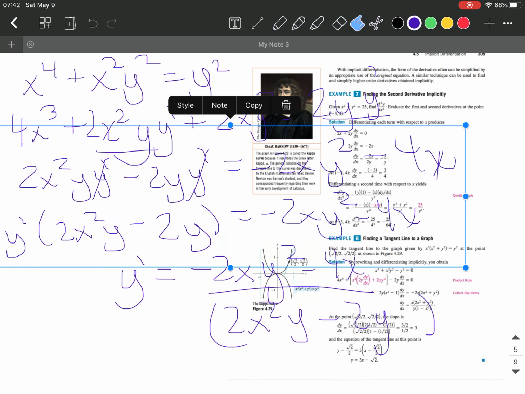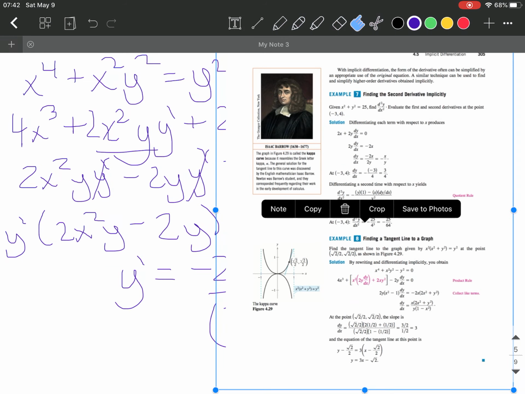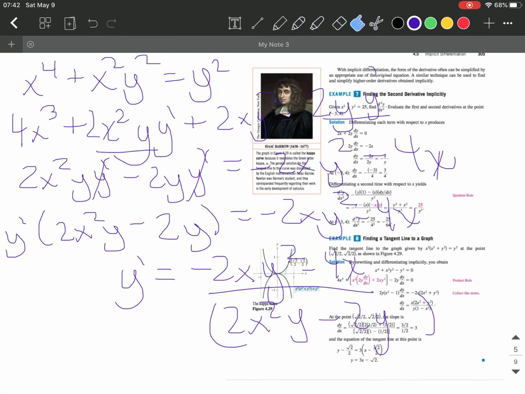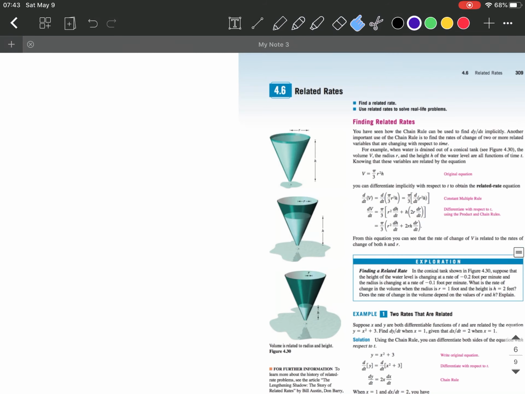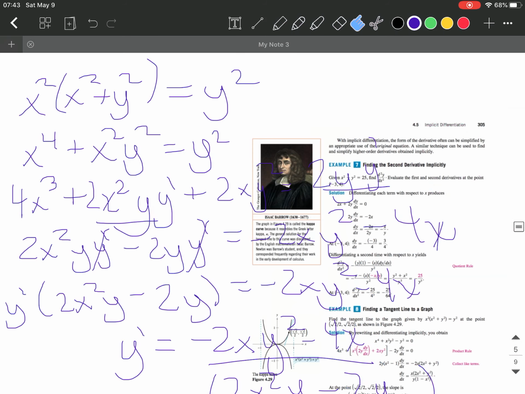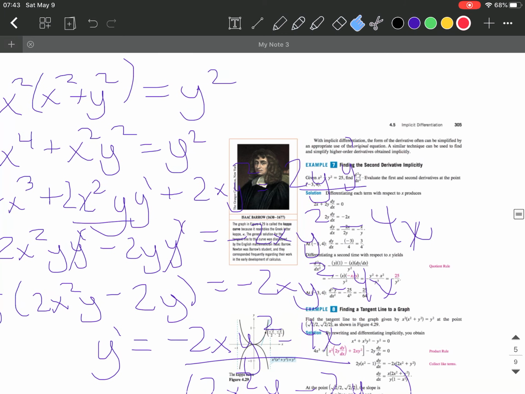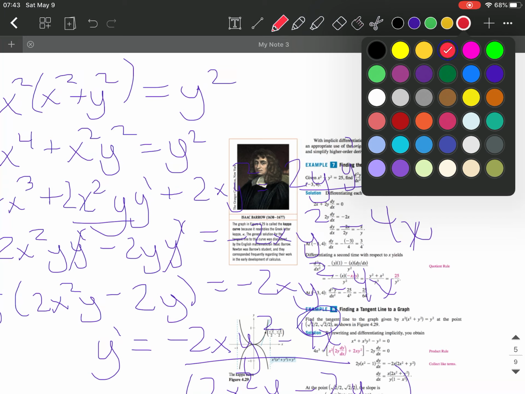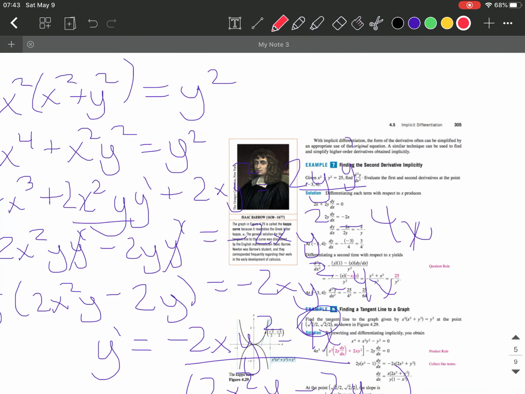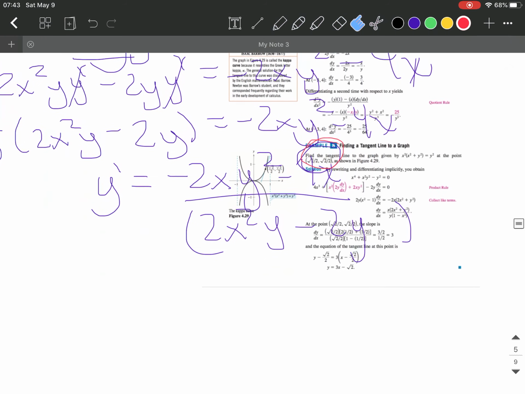In the next step you need to substitute the point, which was negative square root of 2 over 2 and positive square root of 2 over 2, in x and y. It's right there. And when you're done with that, you're going to get the slope of the tangent line.